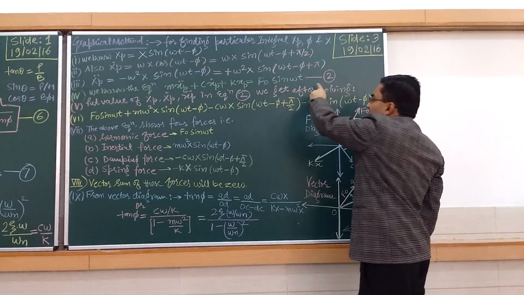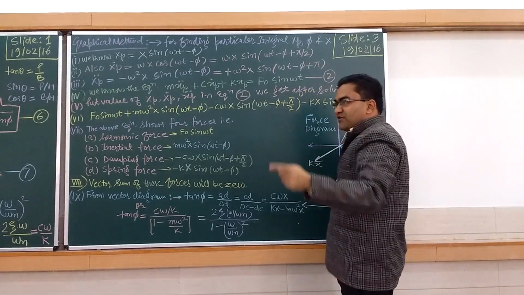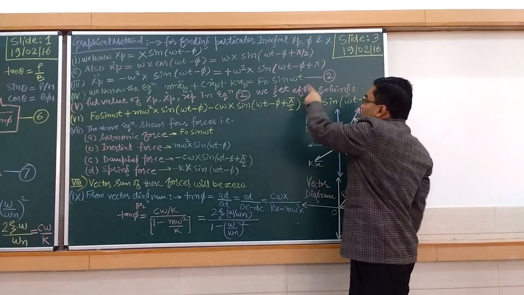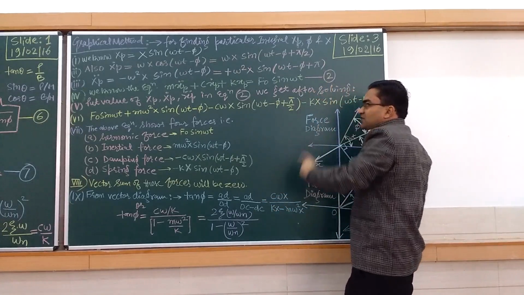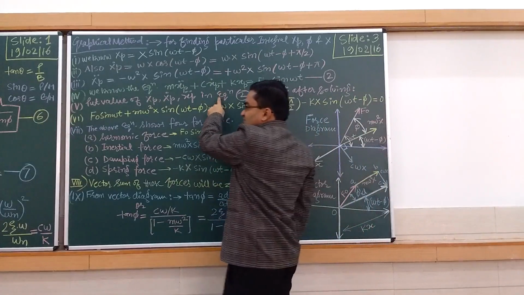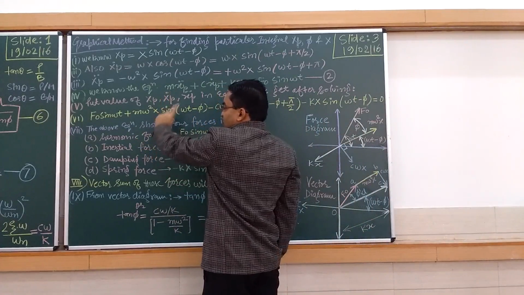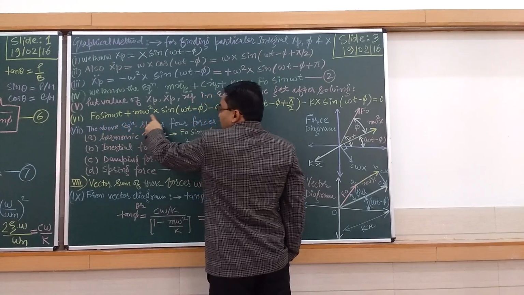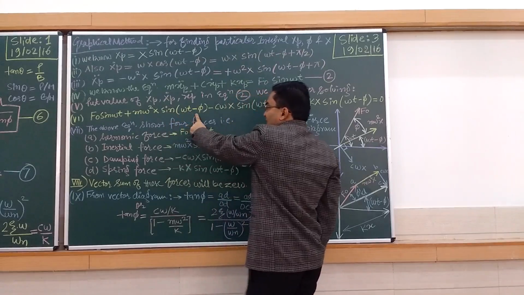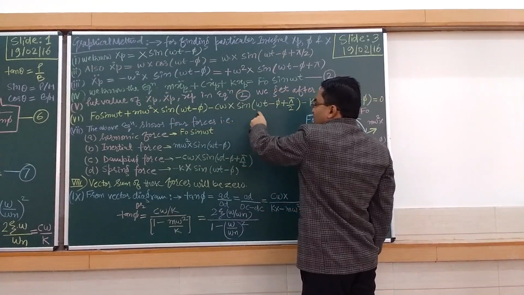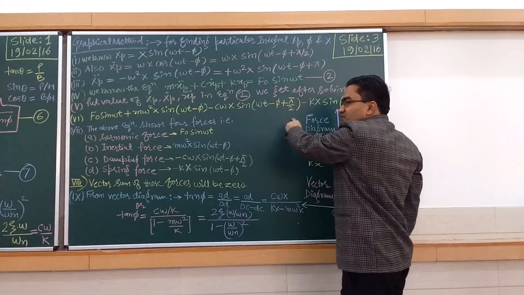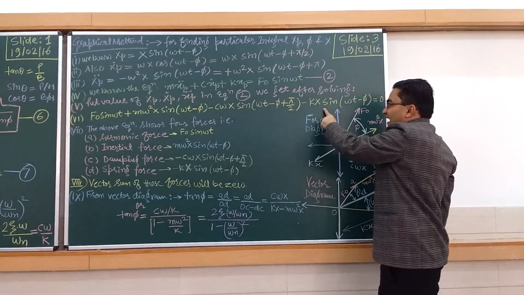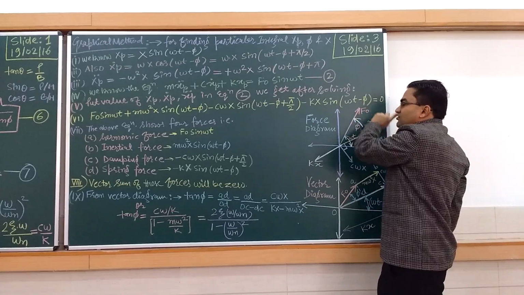I have already named this equation number 2 in my previous lecture, so I kept the name of the equation as it is. After putting these values and solving the equation, I reach the conclusion: F naught sine of omega t plus m omega square x sine of omega t minus phi minus c omega x sine of omega t minus phi plus pi by 2 minus k x sine of omega t minus phi equal to 0.